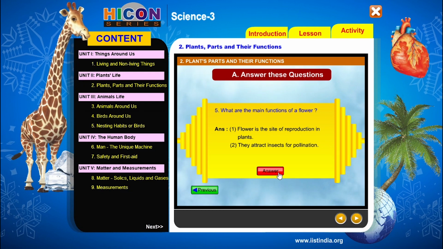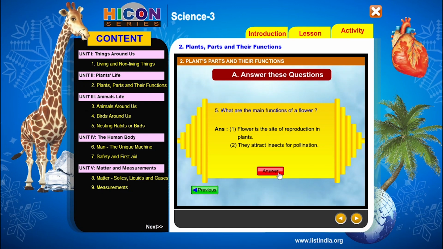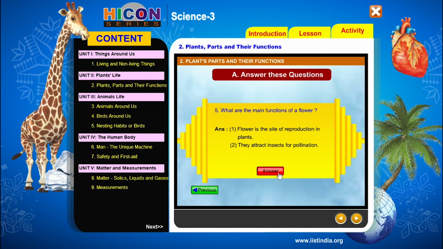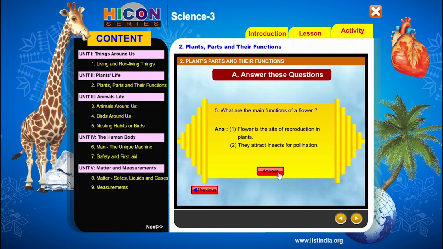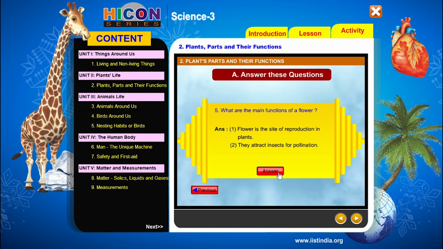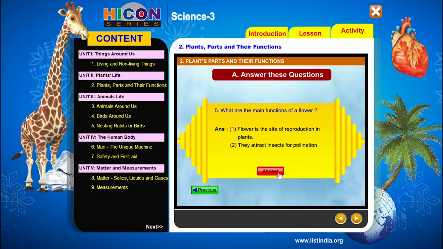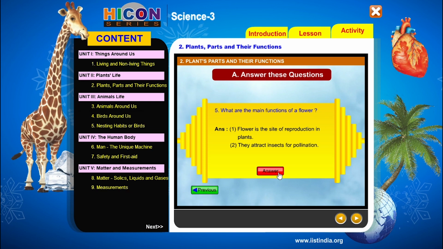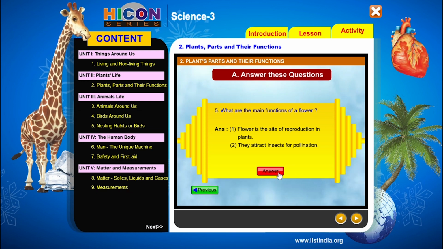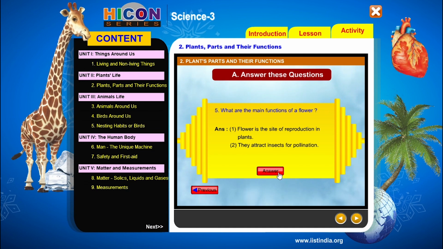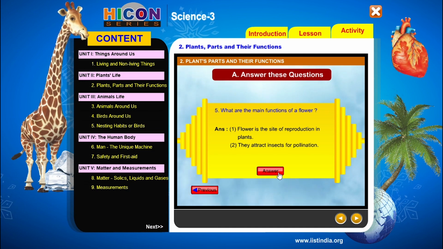So that's why flowers are in different colors and they produce pleasant smells. Because of their different colors and pleasant smells, the insects will be attracted by them. And when insects fall on them, the pollination will take place. And because of this pollination, the fertilization will take place in the flower. And then due to this fertilization, the flowers are gradually converted into the fruit.